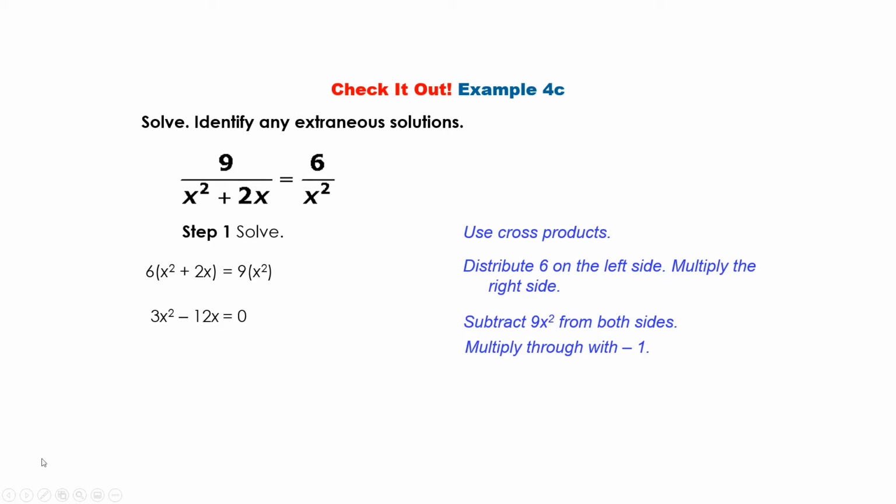Let's write it down. So 6x squared plus 12x.